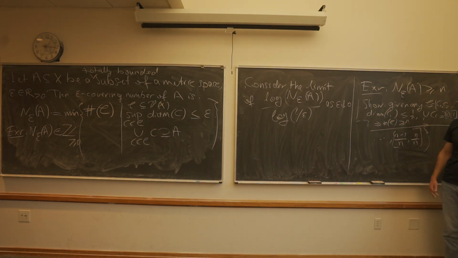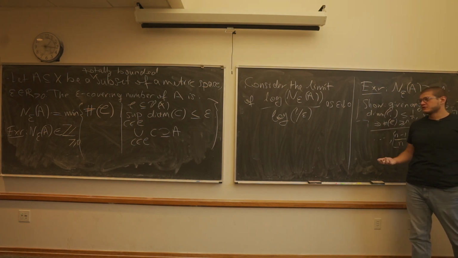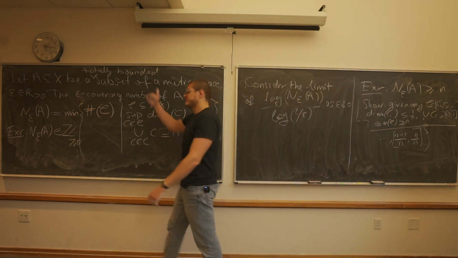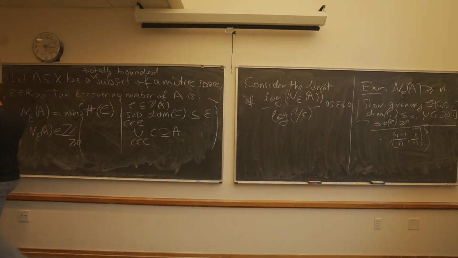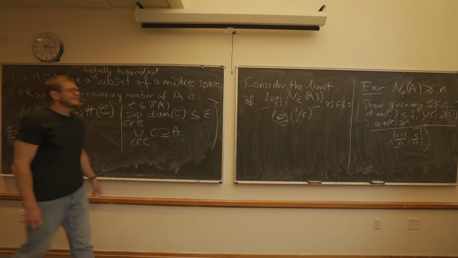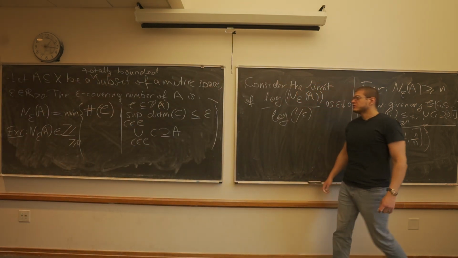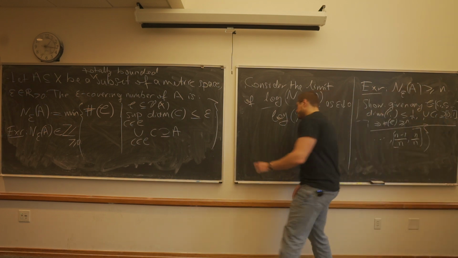Now, this limit may exist, may not exist, but if a limit doesn't exist, you can always look at the maximum accumulation point and the minimum accumulation point. That is to say, you can look at the lim sup and lim inf of this expression. And so those give you the upper and lower Minkowski dimensions.